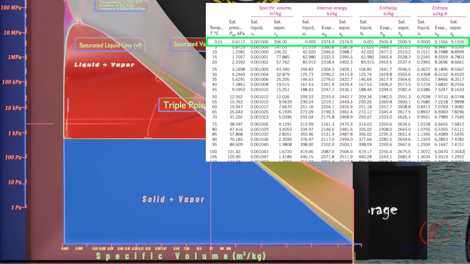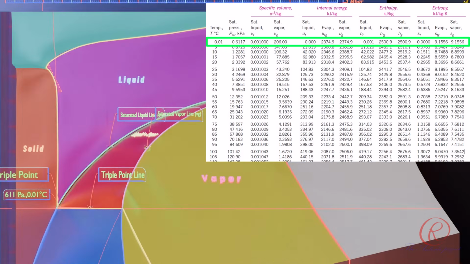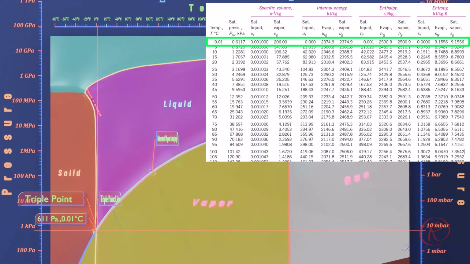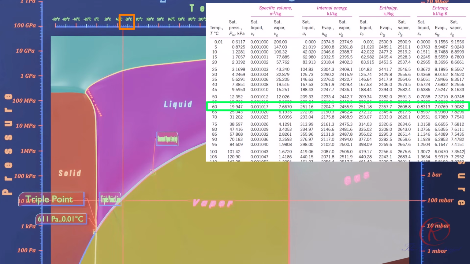The next known temperature is 0.01 degrees Celsius. In the same way as before, we can find the values of specific volume, internal energy, enthalpy, and entropy. The known temperature value is 60 degrees Celsius.